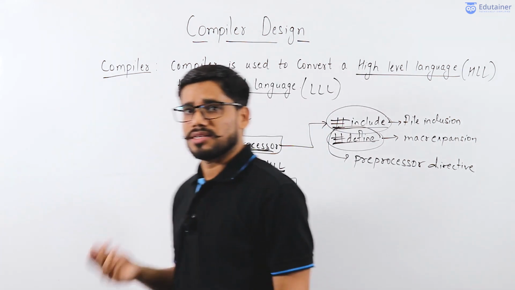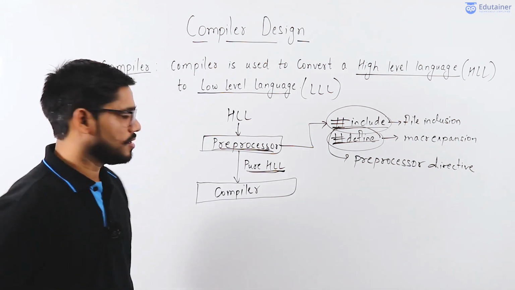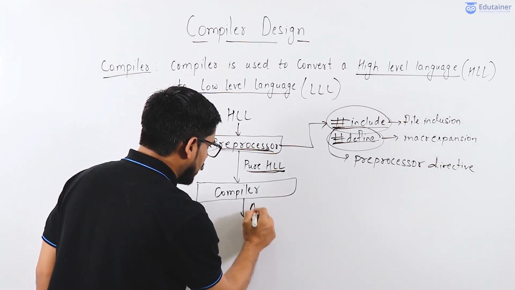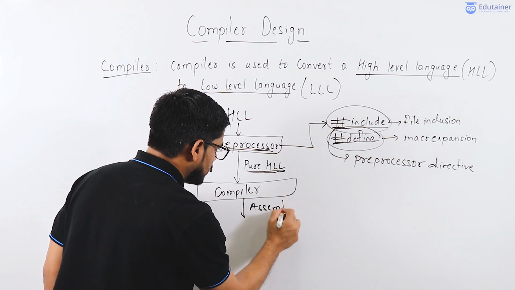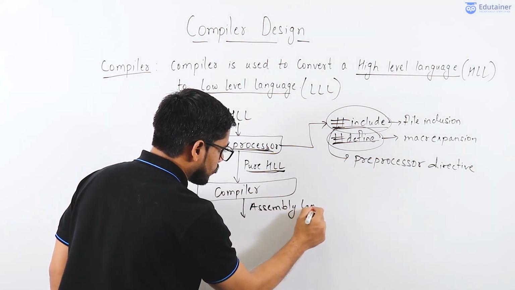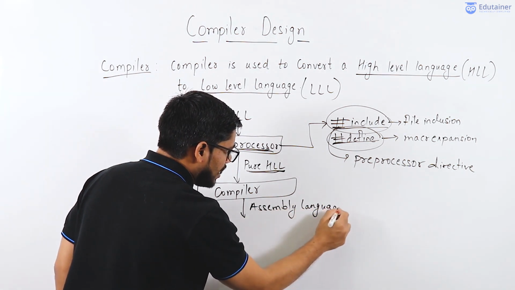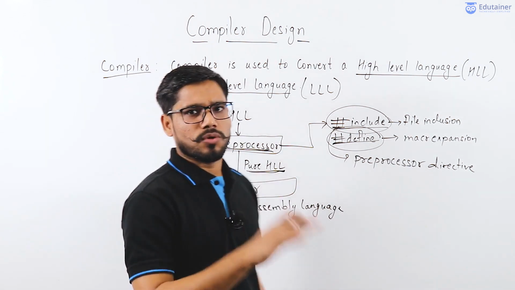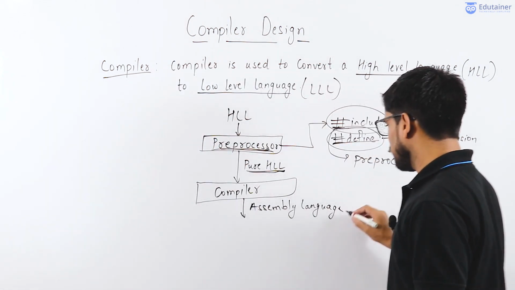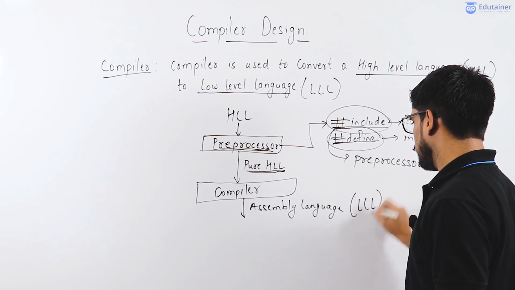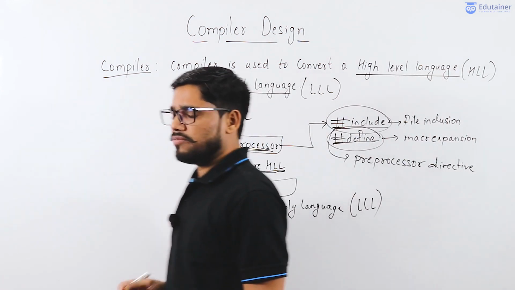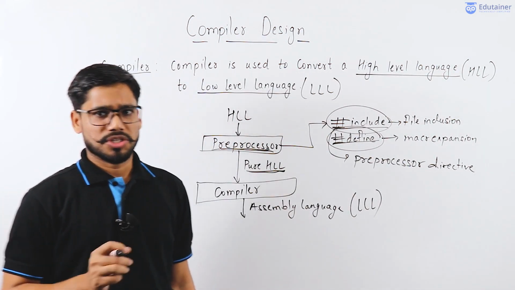The compiler is the translator which converts the pure high level language into assembly language. Is assembly language a high level or low level language? Definitely it is low level, but assembly language is not directly understood by the machine.